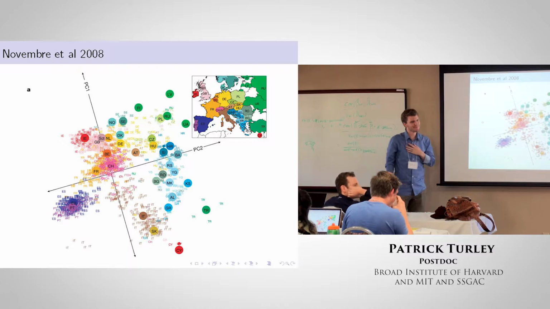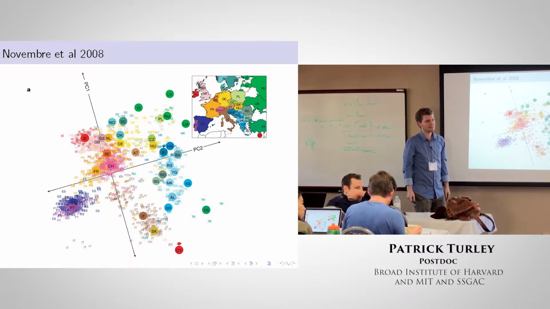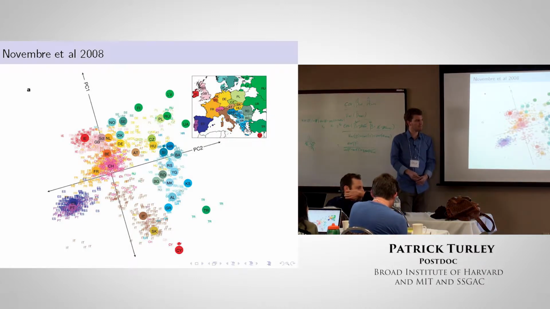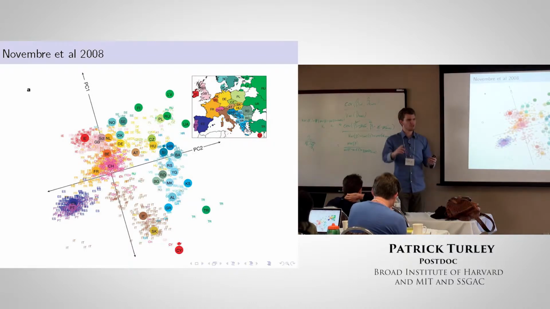Yeah? Sorry, but I'm still not clear. Because it's the first principal component, how do you choose which SNP is going to be the first one? So the principal components are eigenvectors of the genetic correlation matrix, the relatedness matrix, I guess.